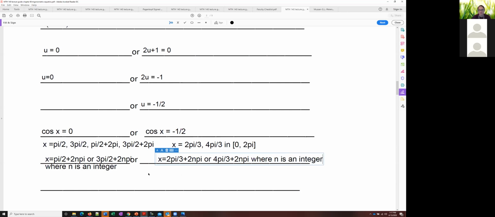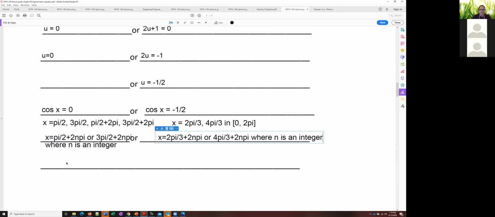Is that okay so far? Okay, so we've actually got 4 different things going on. We could have x equals pi over 2 plus 2n pi, x equals 3 pi over 2 plus 2n pi, and then 2 pi over 3 plus 2n pi, and 4 pi over 3 plus 2n pi, where n is an integer.